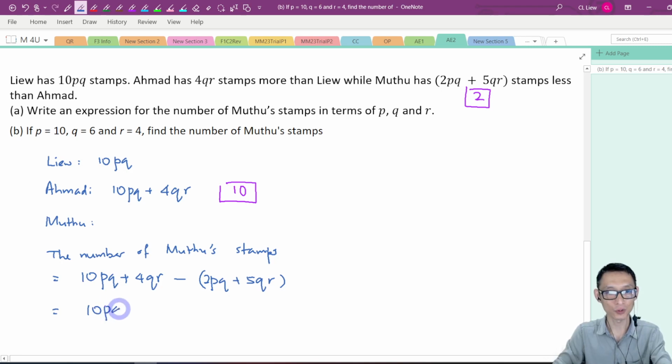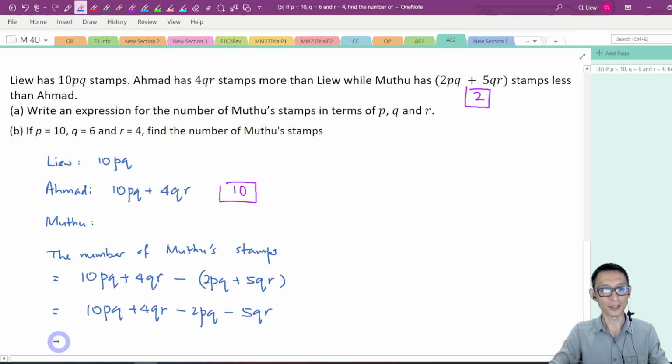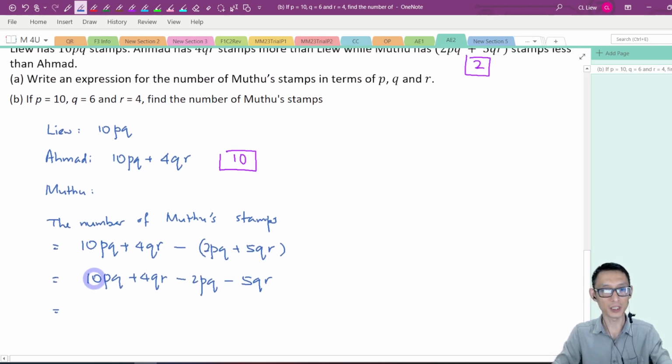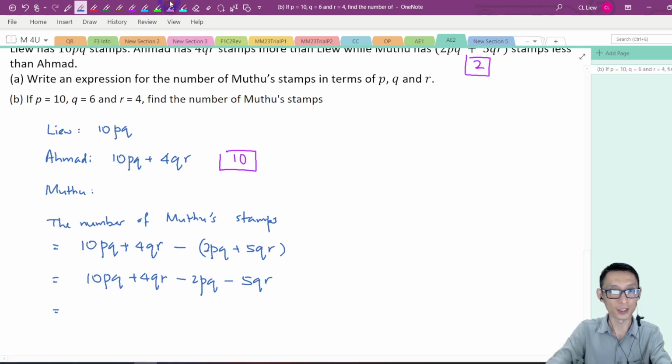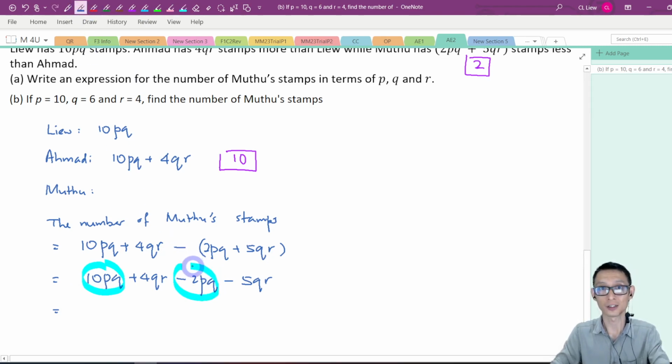10PQ plus 4QR, negative, positive, it becomes negative. Negative, positive, negative. So we try to simplify it. PQ and QR, we cannot add them together because they are unlike terms. Here we have PQ, and here we have another PQ. These two are like terms. Do you notice that when I circle the terms, I circle together with the sign in front of it.